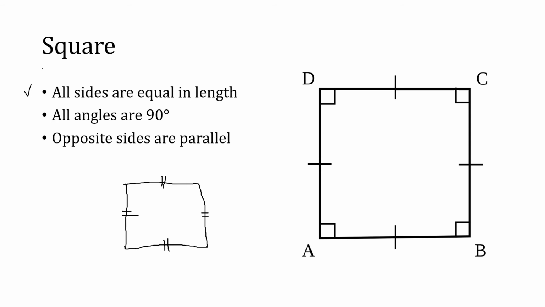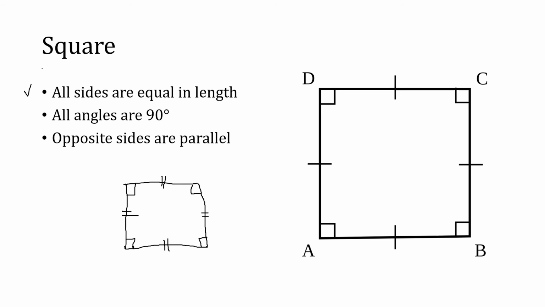The second point, all the angles are 90 degrees. How do we represent 90 degrees? With the little squares in the corners of the angles. So I can go ahead and do that. I can put in the little square here, and here, and here, and here. Now again, I'm not drawing this perfectly, but I'm trying to draw it with a mouse on the computer, so it is a little harder.